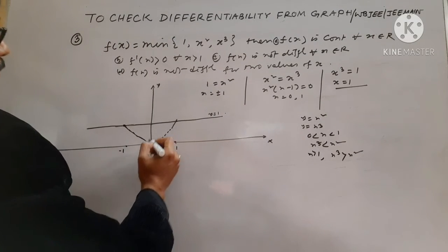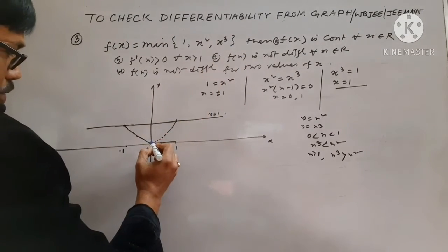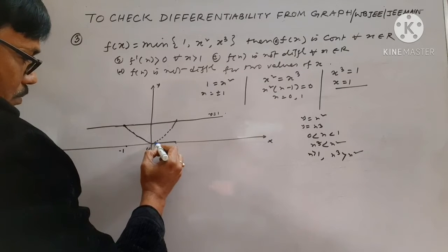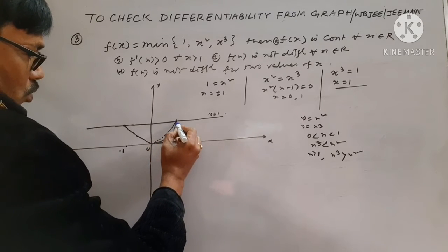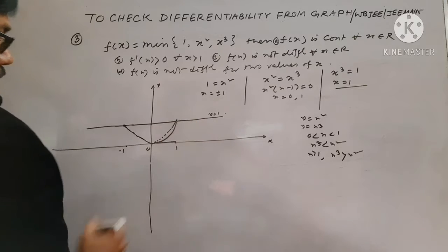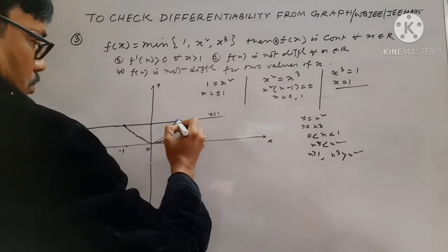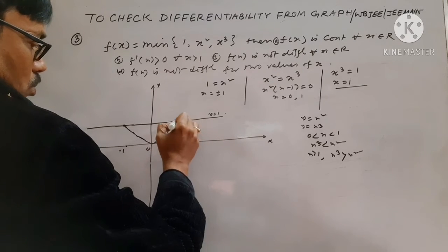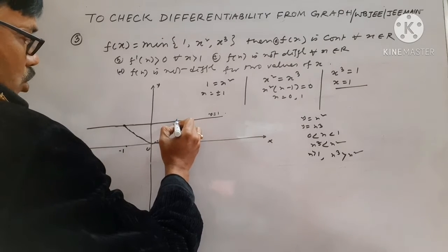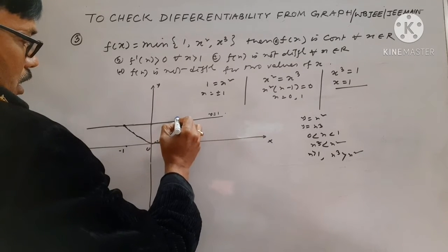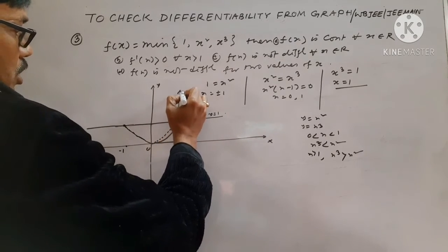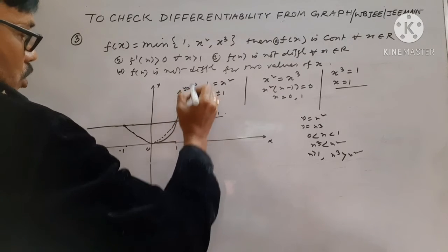So the curve y equals to x cube will lie below y equals to x square. But for greater than 1, x cube will be greater.